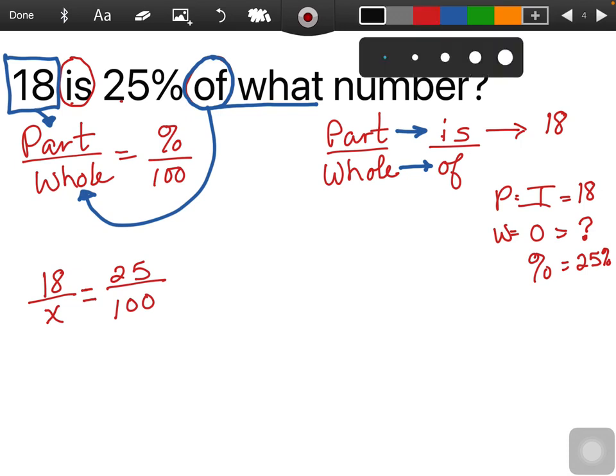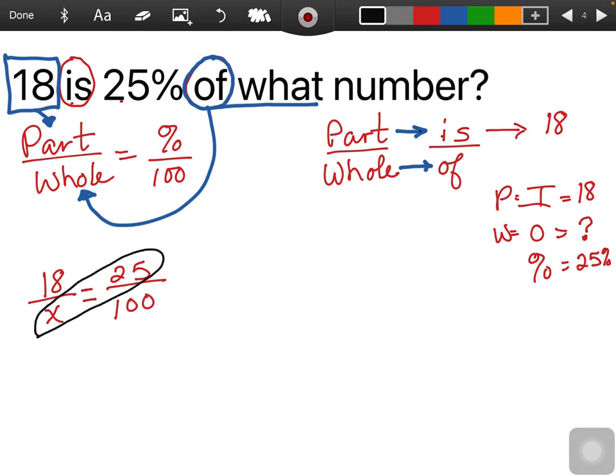Now I'm going to do exactly what I did before, which is cross multiply. Each section crosses each other, so I have 25x equals 18 times 100.